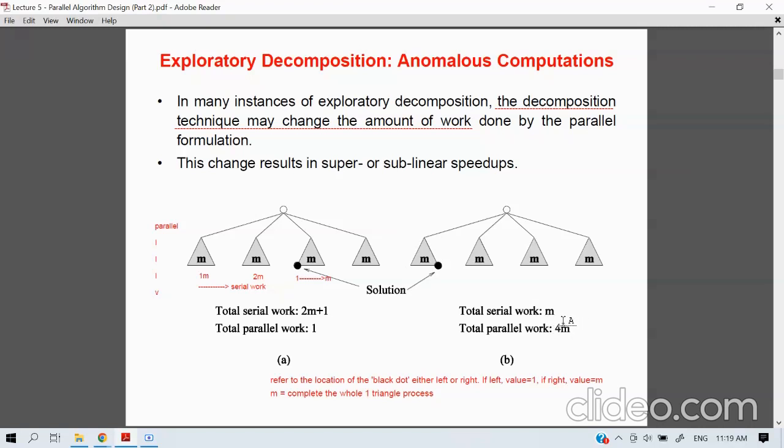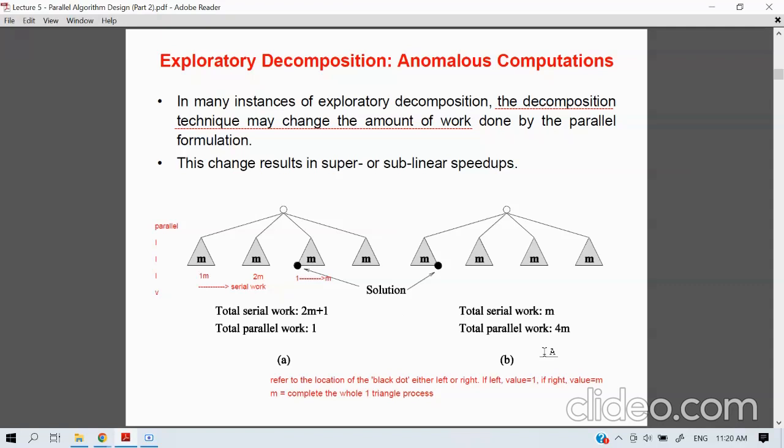So how much is the total parallel work? In this case, why is it 4M, compared to A, where it is 1? Why? Madam wants to ask why it is 4M. Any answer? Why is the A, or the left diagram, equal to 1, and why is B equal to 4M?